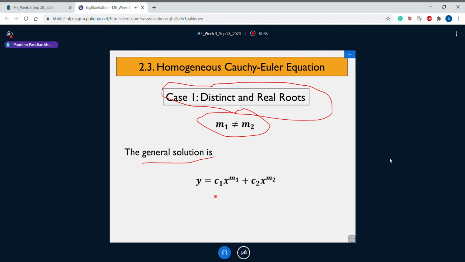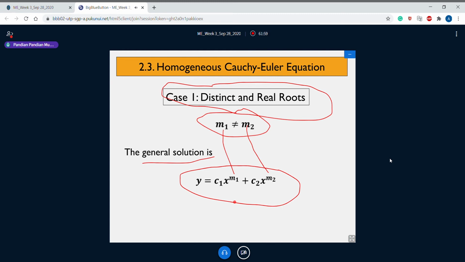So for the general solution, don't be confused, it is different from the constant coefficient: y equals C1 x to the power m1 plus C2 x to the power m2. This is the final output. If you write it in another form, then your answer will be incorrect.